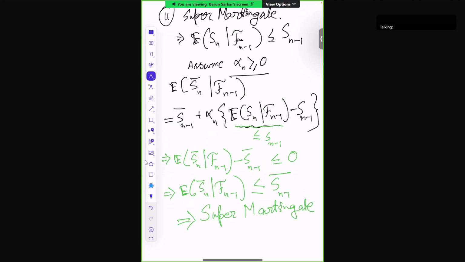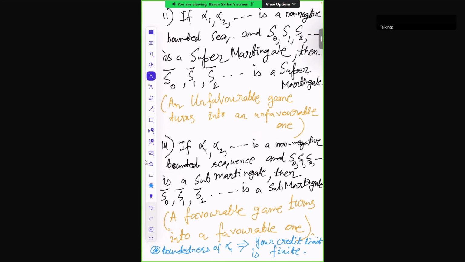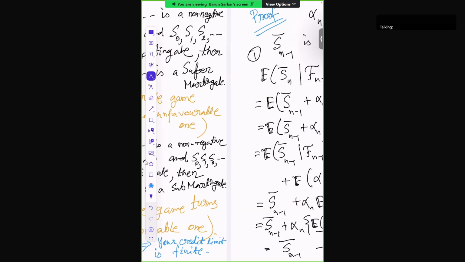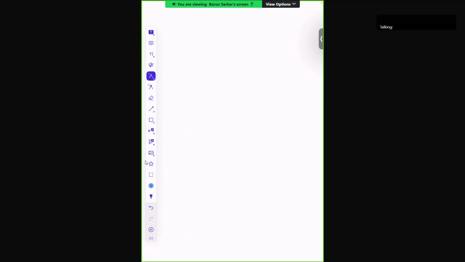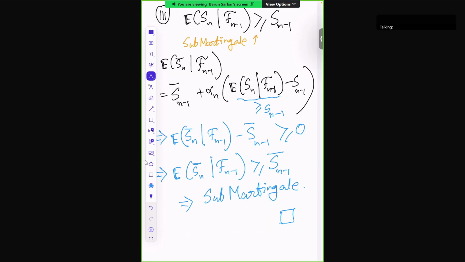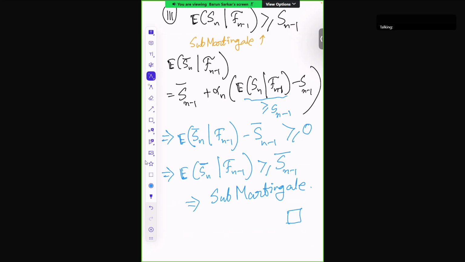If it's a fair game, it stays a fair game. If it's an unfavorable game, it will remain unfavorable. And if it's a favorable game, it turns into a favorable game. This gives you a glimpse of how these gambling things are mathematically modeled.